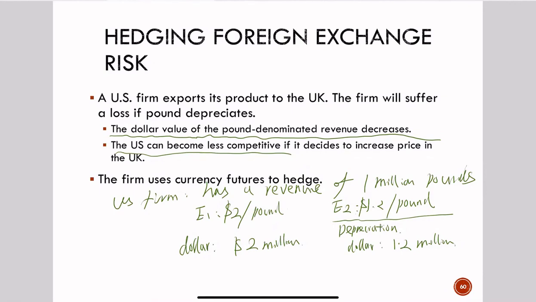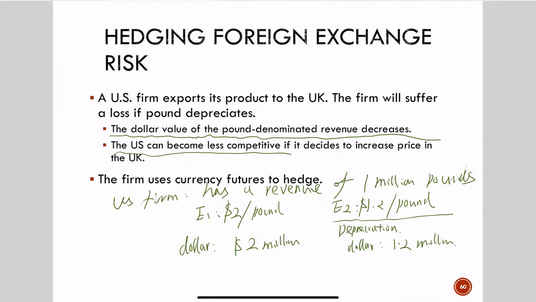Now, how can this firm hedge against this risk? Well, of course, use futures. At this stage, you should know how you can hedge. Let's look at this US firm. It has pound denominated revenue.